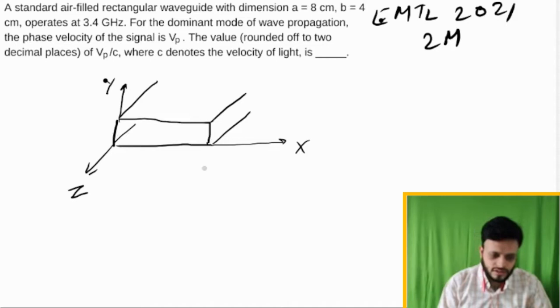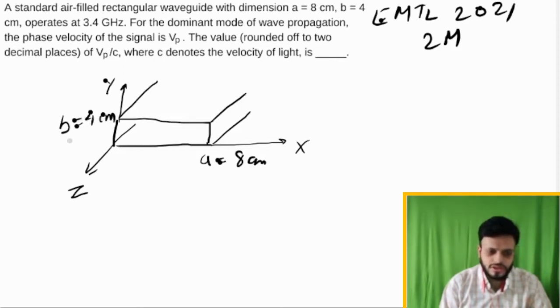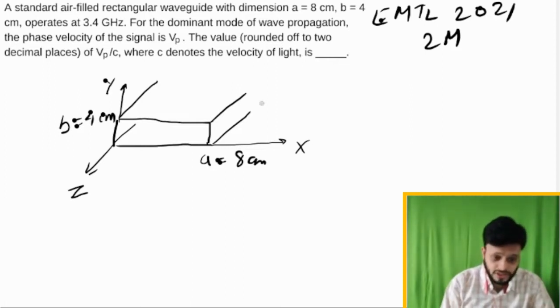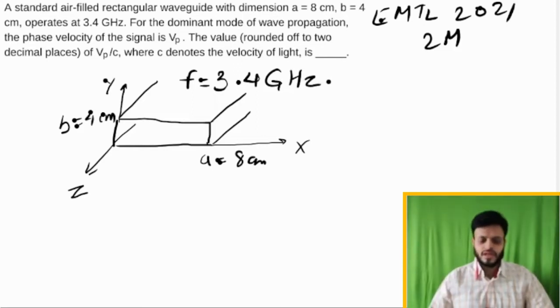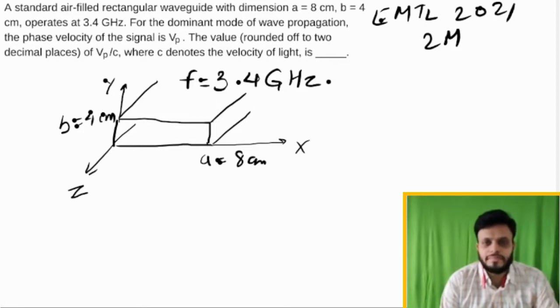So here A equals 8 centimeter is your width and B equals 4 centimeter is your height. The question also clearly mentions that the frequency of operation of this waveguide is 3.4 gigahertz. It is also mentioned that the waveguide is operating in a dominant mode.